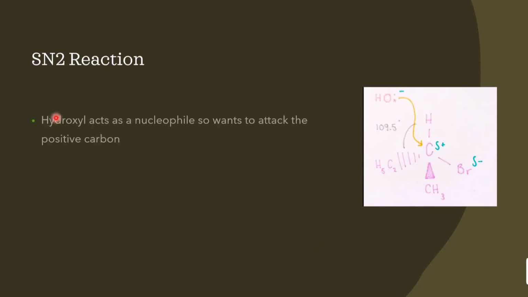So our hydroxyl comes again. And our hydroxyl has a negative charge, so it acts as a nucleophile, and it wants to attack the positive carbon like before. So our hydroxyl is on the opposite side. So our hydroxyl before was attacking from over here, and this means that it is not repelled by the negative bromine.